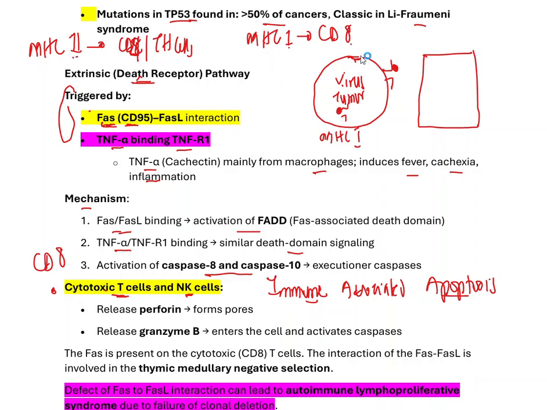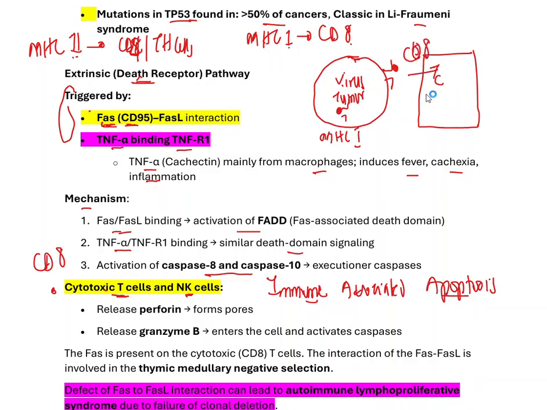So that's how you can remember. MHC class 2 presents its antigen to CD4 T helper cell, and MHC class 1 presents its antigen to what? CD8 cytotoxic T cells. So this MHC class 1 with the antigen is going to move to the surface of the cell and is going to present that antigen to our cytotoxic T cell, which is our CD8.